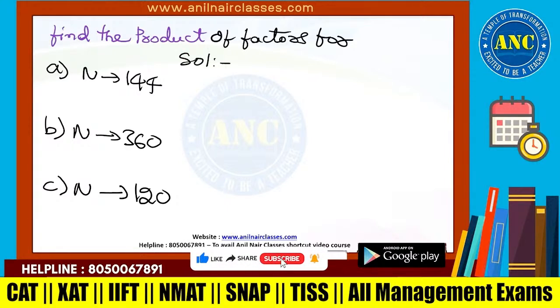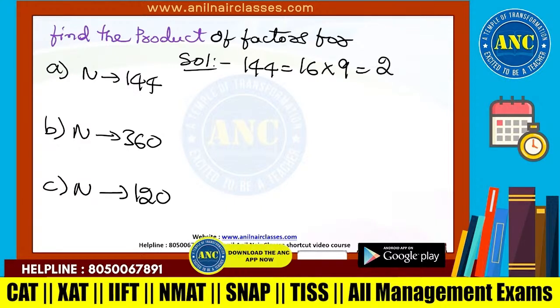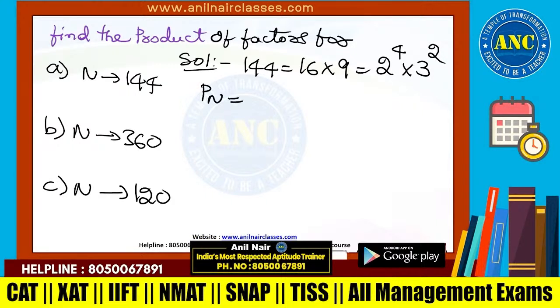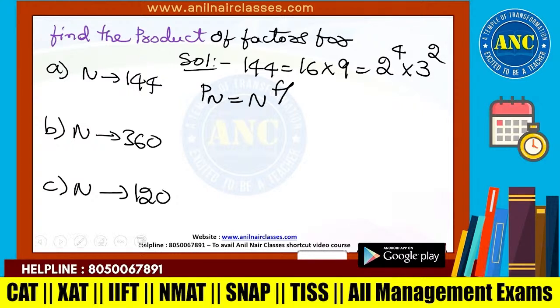First one, solution. 144 is 16 into 9. 16 is 2 power 4, and 9 is 3 square. The product of the factors is number power number of factors by 2.